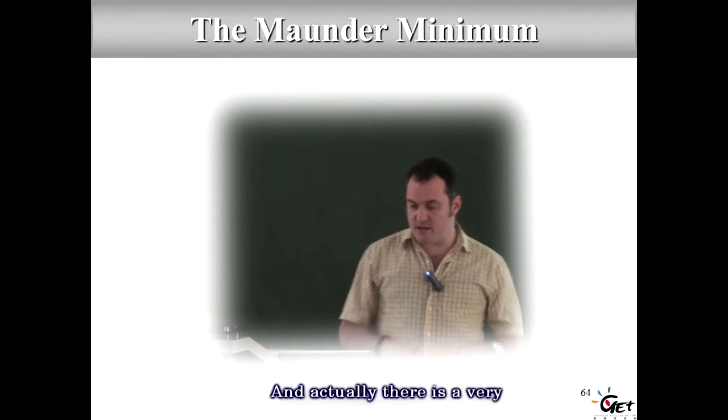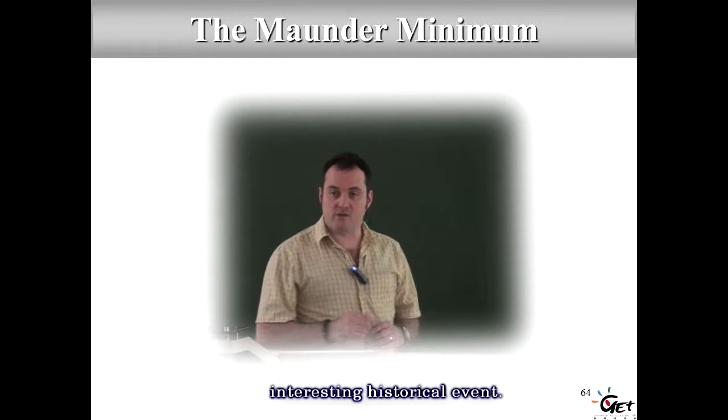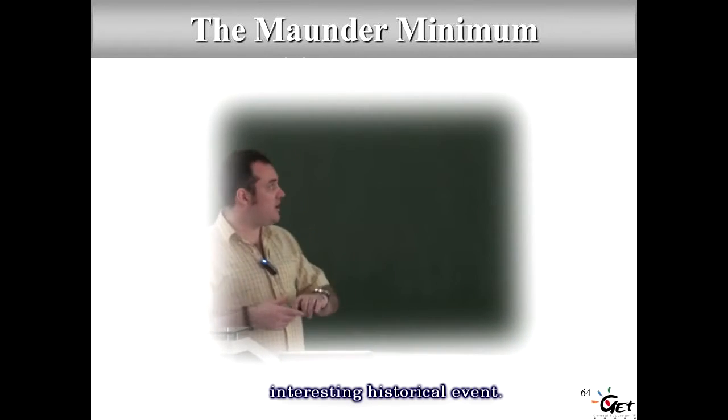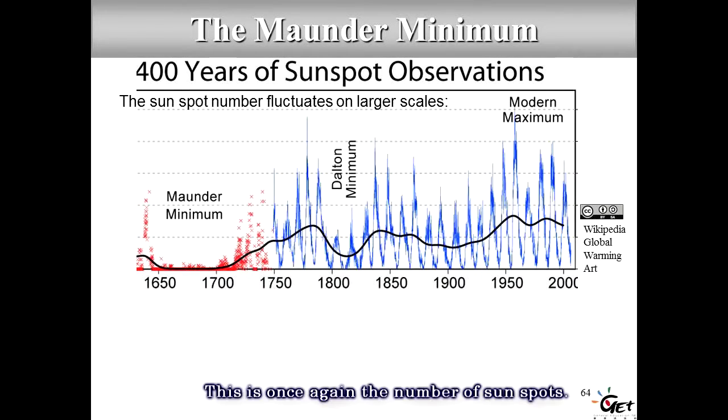And actually there is a very interesting historical event. This is once again the number of sunspots with years. I mentioned that cycle of 11 years. So people are monitoring, and you see that beyond the cycle of 11 years, there is another more large-scale cycle. There are a couple of years when it's lower, and some when it's higher. And we don't really completely understand why.